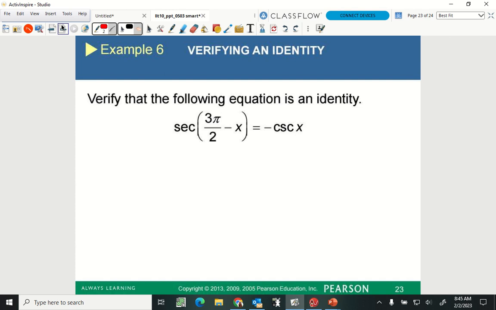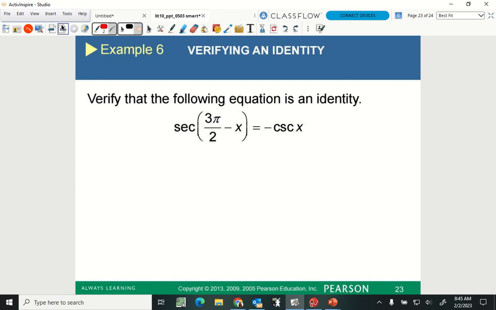This is a secant, right? So we know secant is supposed to be the reciprocal of cosine. So, same rules are going to apply. This goes along with the cosine one.